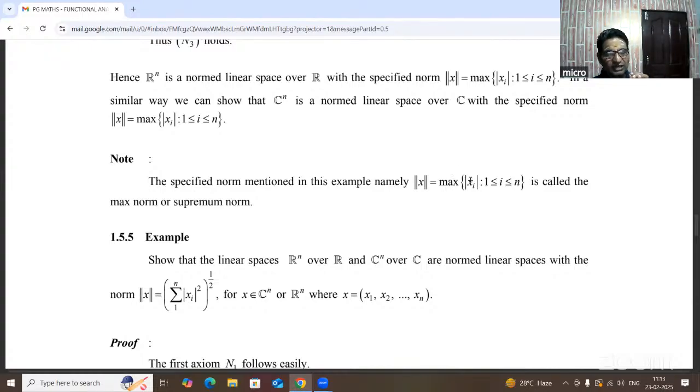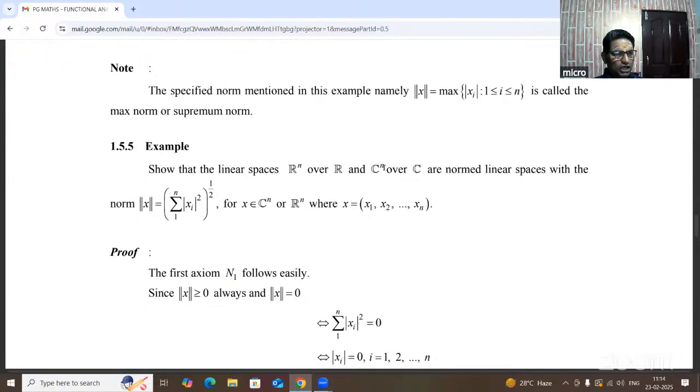From the basic concept of functional analysis, don't forget and don't deviate from these points especially. Please remember, given the condition, what the norm is, and how to explain the norm condition in various types. Norm x equal to maximum of mod xi, where i lies between 1 to n, is called the maximum norm or supremum norm.